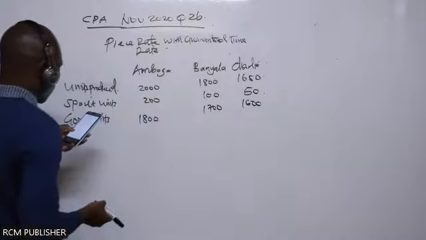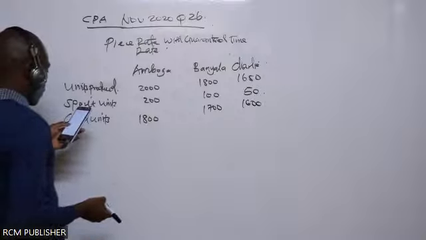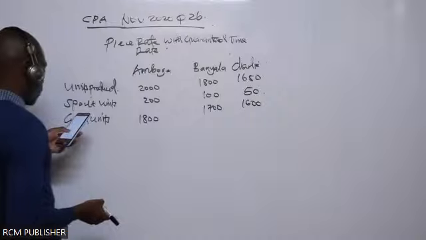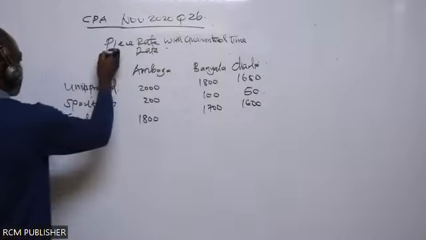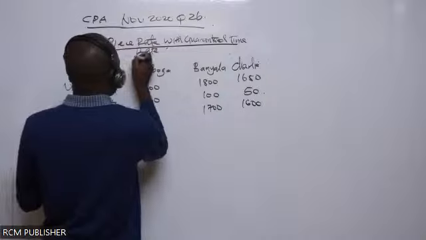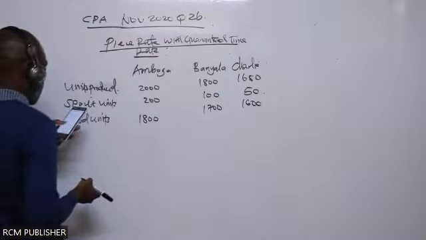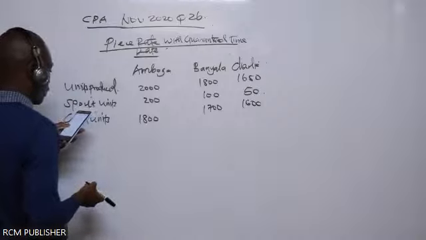Then down there you're able to see we are being told to determine wage payable to each employee under the 2 labor remuneration methods. So we are starting with the piece rate method. The company pays its casual workers shillings 25 for every good unit.